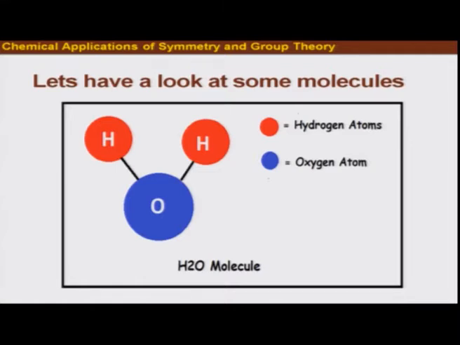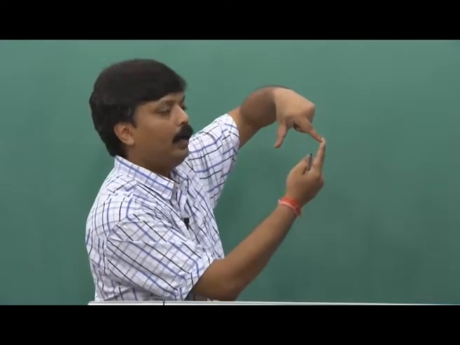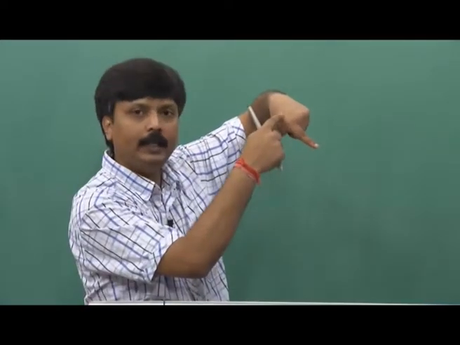Suppose I can mark these hydrogen atoms somehow. Okay, so I mark this hydrogen as 1 and this hydrogen as 2. Okay, and then so this water molecule is like this, correct? So one hydrogen here, another hydrogen here, and the oxygen is sitting here.